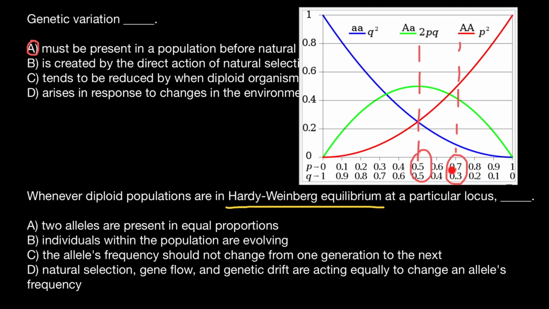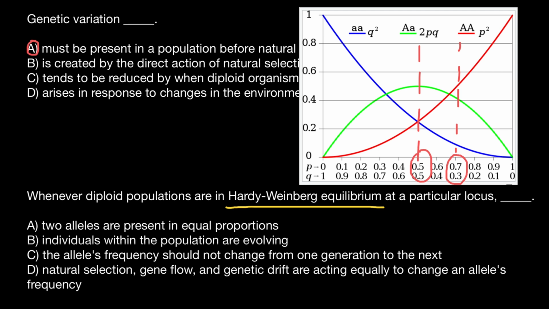That means that not only allelic frequencies stay the same, but genotypic and phenotypic frequencies are also the same from one generation to another. So this population is in equilibrium and is not evolving.